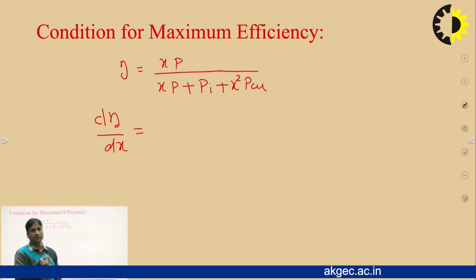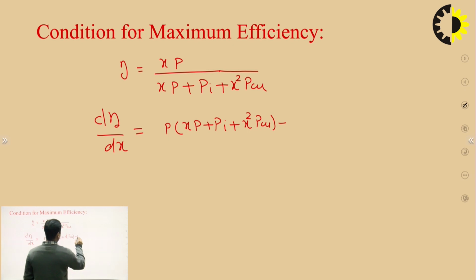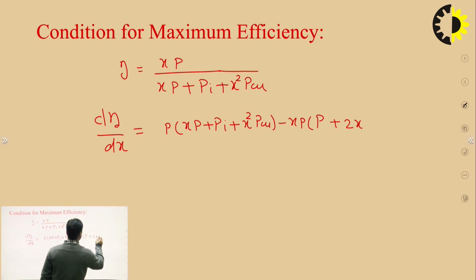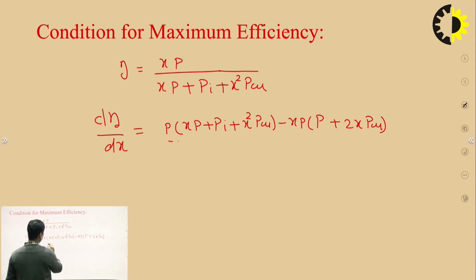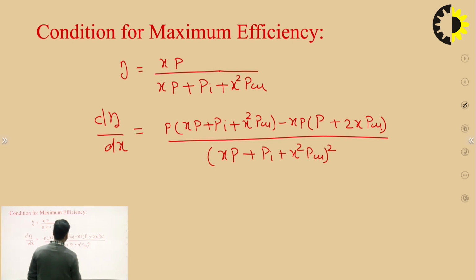When we differentiate with respect to x, we get the differential of the first function, that is P, times the second function, Pi plus x squared P copper, minus the first function times the differential of the second. The differential is P plus 0, since Pi, the iron losses, is constant, plus 2x P copper, all upon the square of the denominator, xP plus Pi plus x squared P copper, squared.